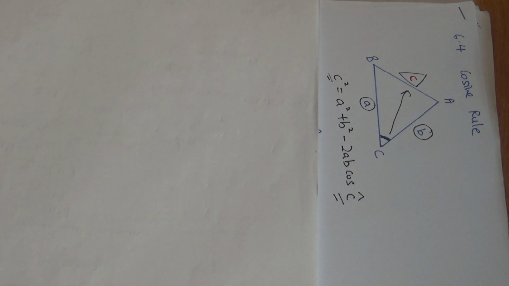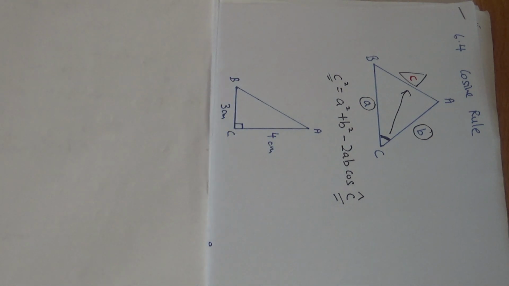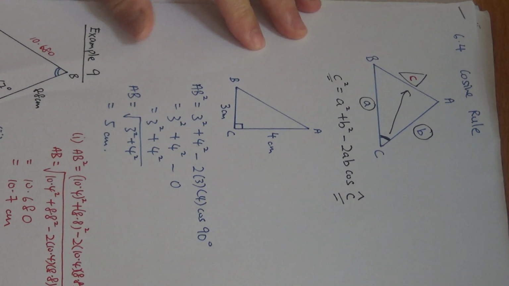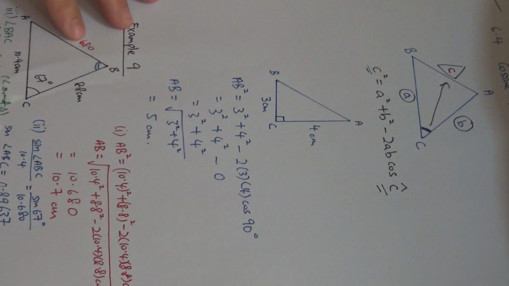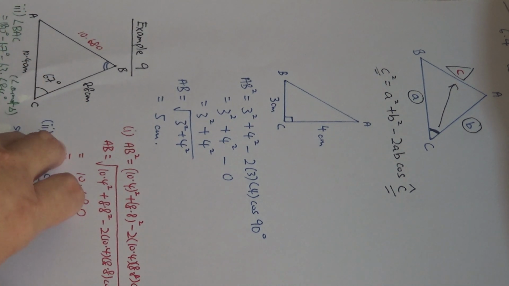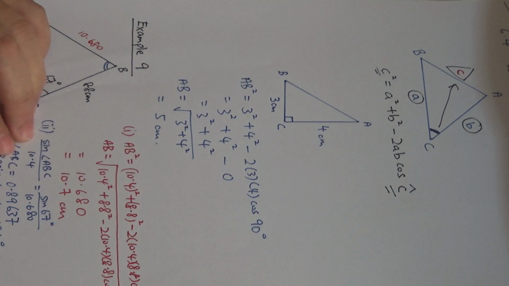Now, some people will say, can I use the cosine rule in a right-angled triangle? I'm going to show you in the next part that it is not necessary. For example, if I have a right-angled triangle like this and you want to apply the cosine rule, you will have this particular situation.